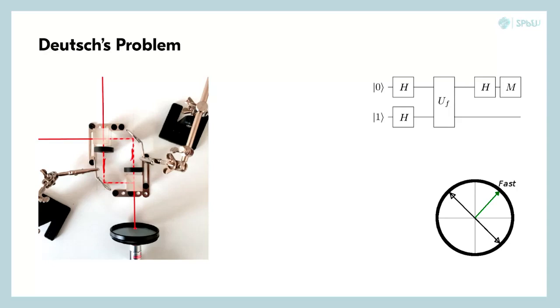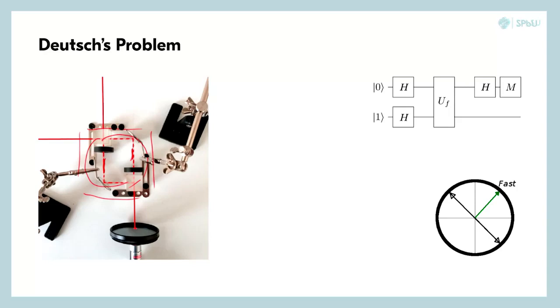Now, imagine that we have some configuration of these wave plates here, and then someone comes and covers all this with some black cloth, so we can't see what configuration we have. Can we still decide if the function implemented here is a constant or a balanced function?